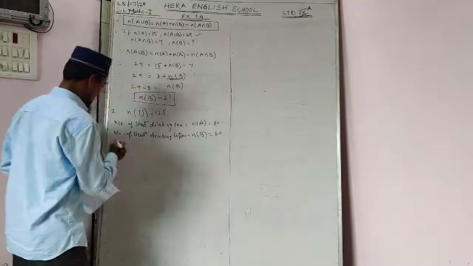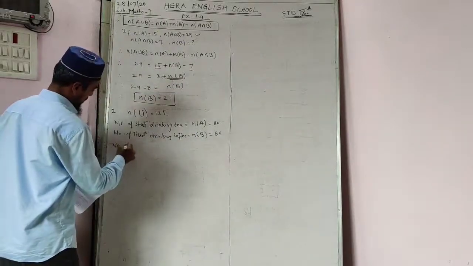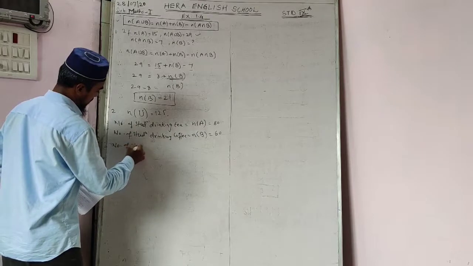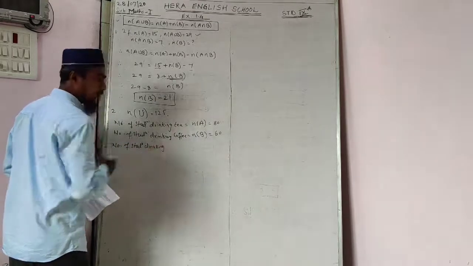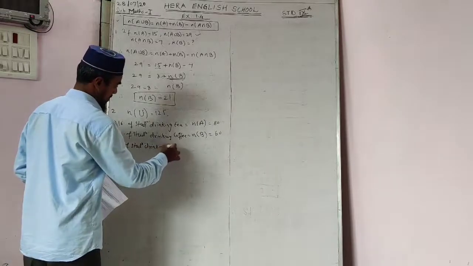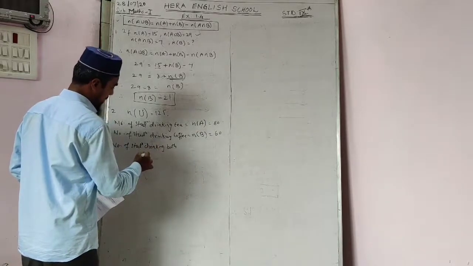So we'll take it like this: number of students drinking both, means tea and coffee.